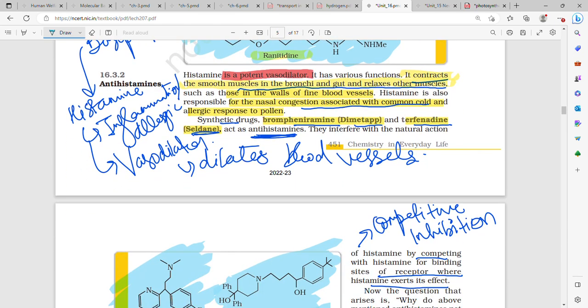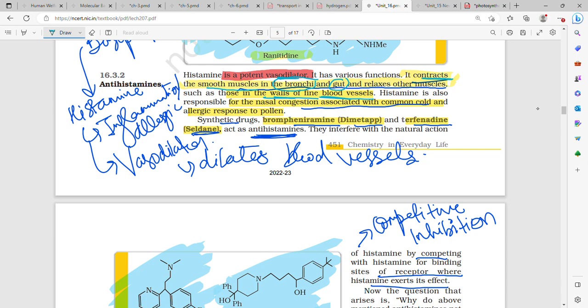So now, histamine is a potent vasodilator, that is, it dilates the blood vessels, but it contracts the smooth muscles in the bronchi and gut, but it relaxes other muscles such as those in the walls of fine blood vessels. So vasodilator dilates blood vessels. It dilates the walls of fine blood vessels, but which muscles does it contract? It contracts the smooth muscles which are present in the bronchi and in the gut.